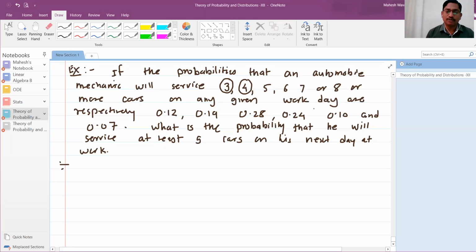So let us declare the event. Let event E be the event that at least 5 cars are serviced.